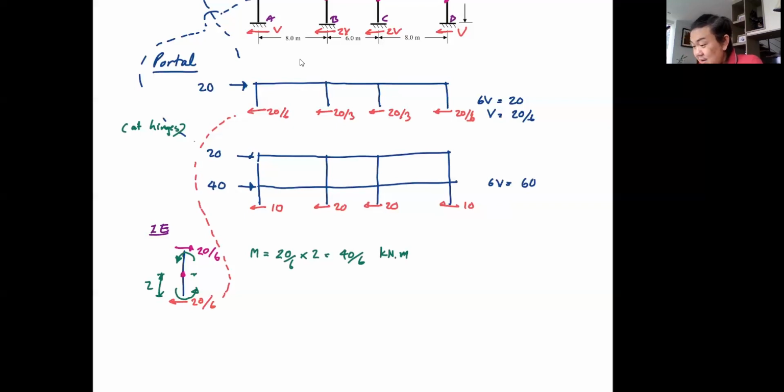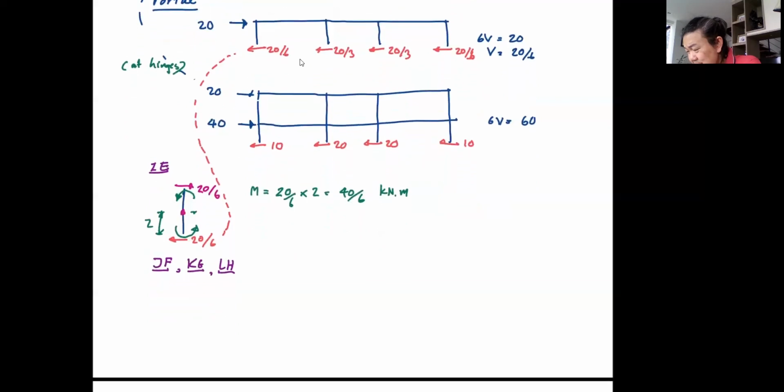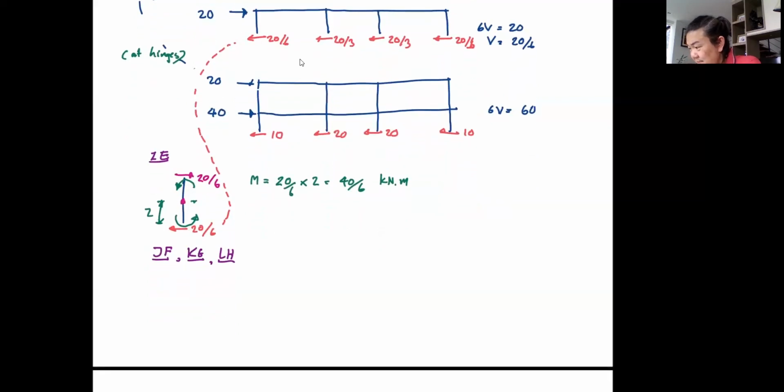Now let's move on to the next column, which is JF, KG, and LH. With the same method, you will achieve the same thing. Okay, JF.